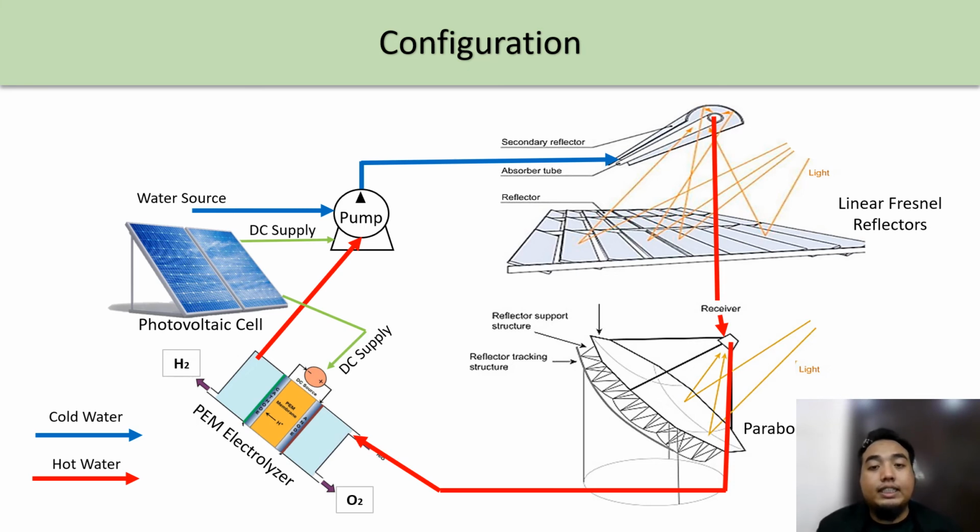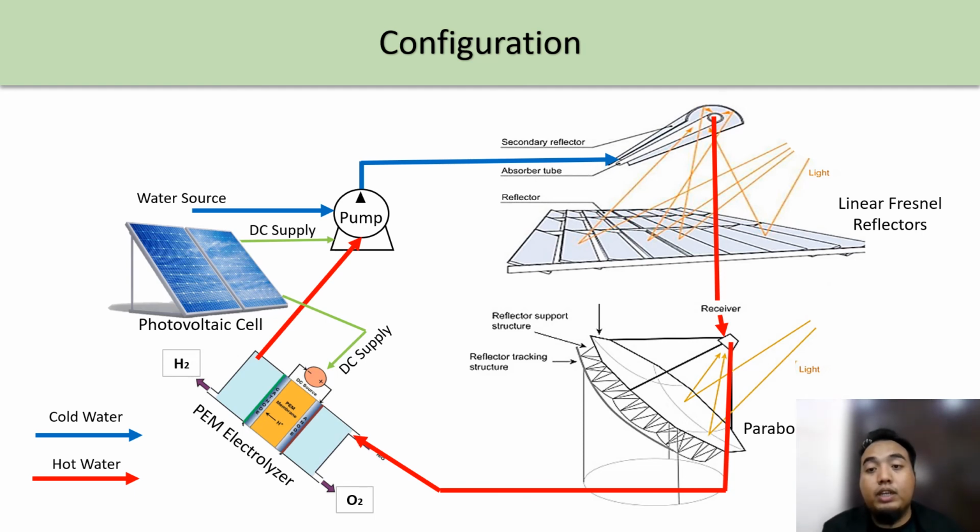As we know, from my literature review, linear Fresnel reflectors can generate high temperatures up to 250 degrees Celsius. The parabolic dish concentrator can generate water temperature up to 2000 degrees Celsius. Basically, the cold water source will be pumped to the linear Fresnel reflectors.